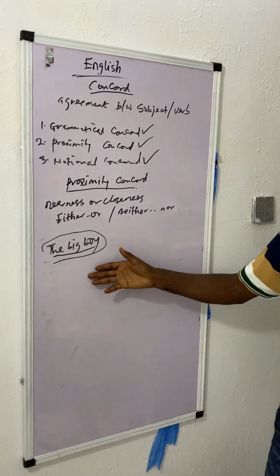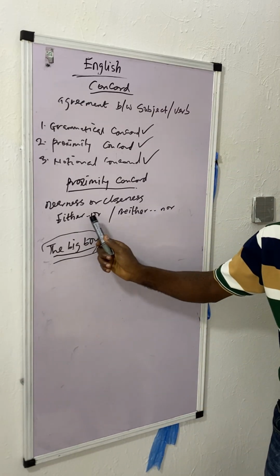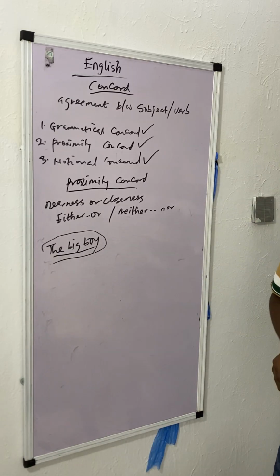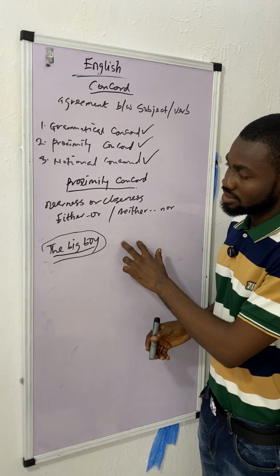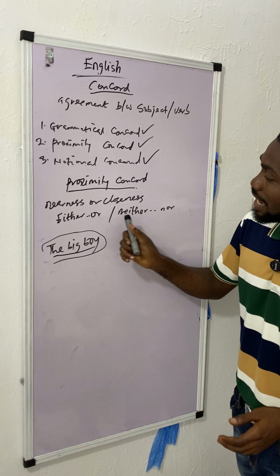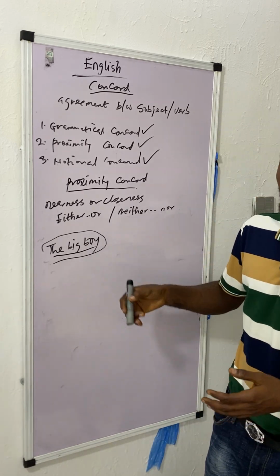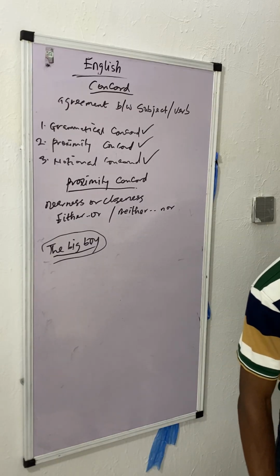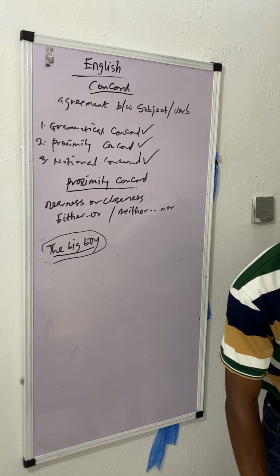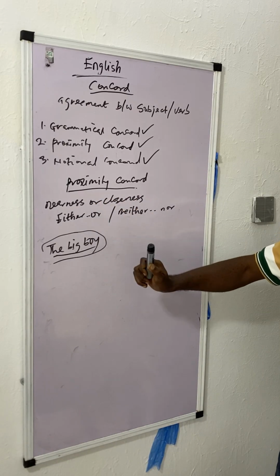All right. So the law states that when a group or compound subject is correlated by either or, neither nor, any of these two, the subject closest to the either or or neither nor controls the verb. That is the subject that is going to determine the verb that you are going to put there. That's why we have proximity here, nearness.